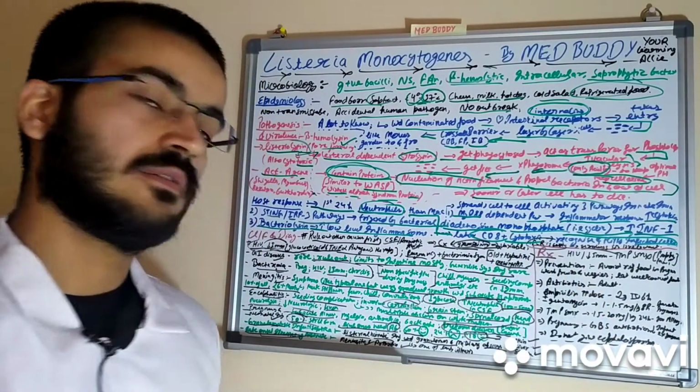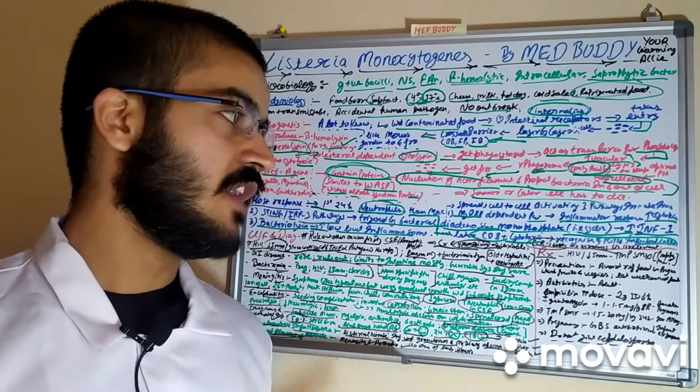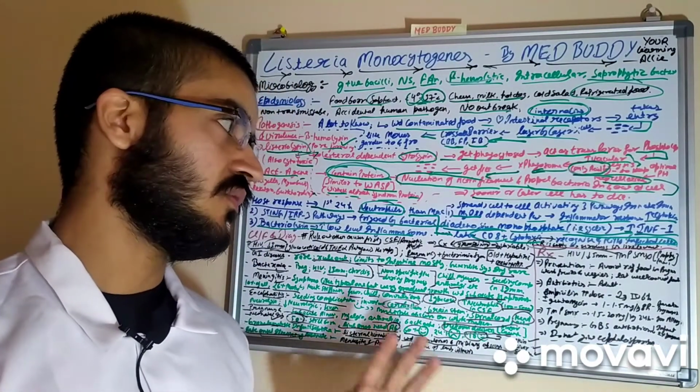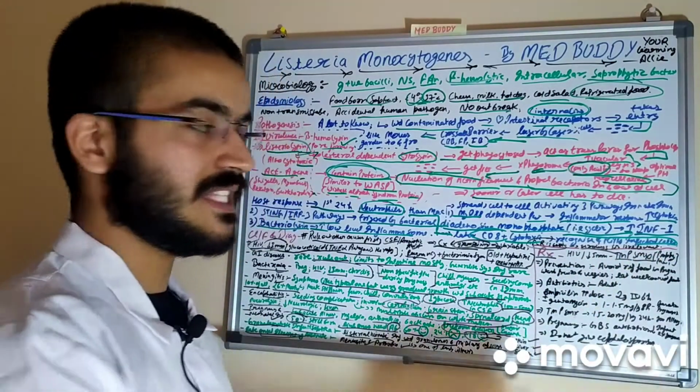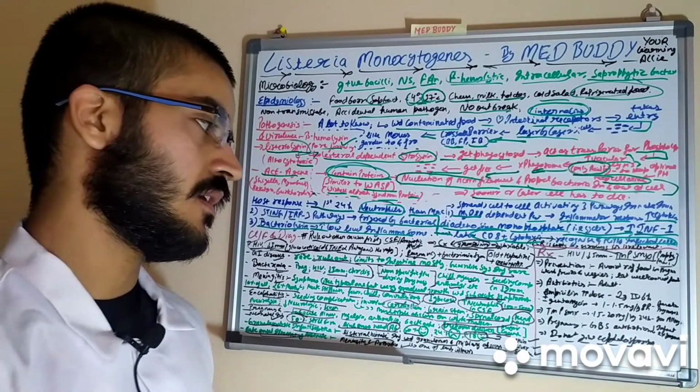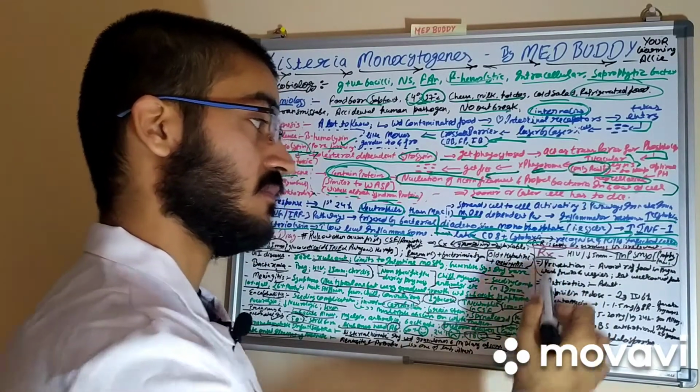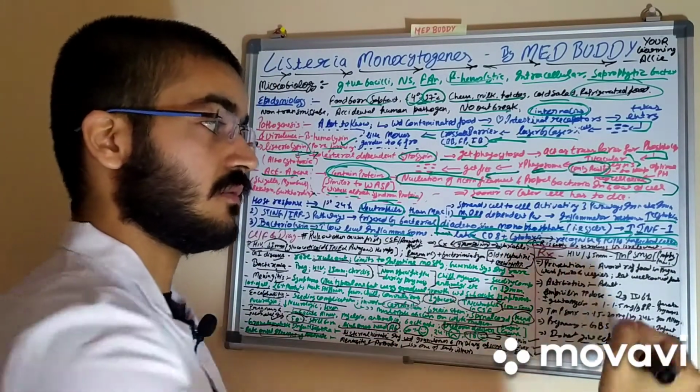Now the treatment part. In HIV and immunosuppressed patients, we need to give them trimethoprim sulfamethoxazole as prophylaxis. For prevention is the best cure.